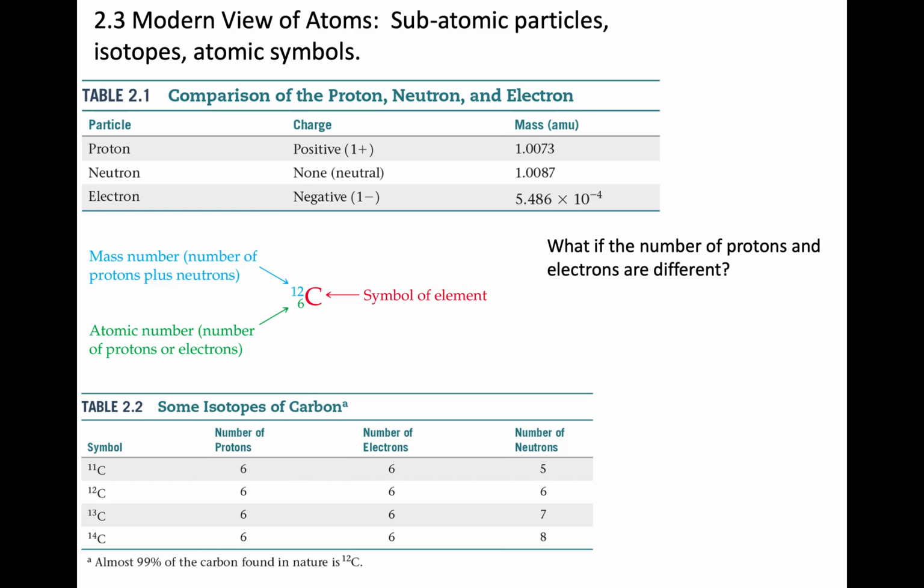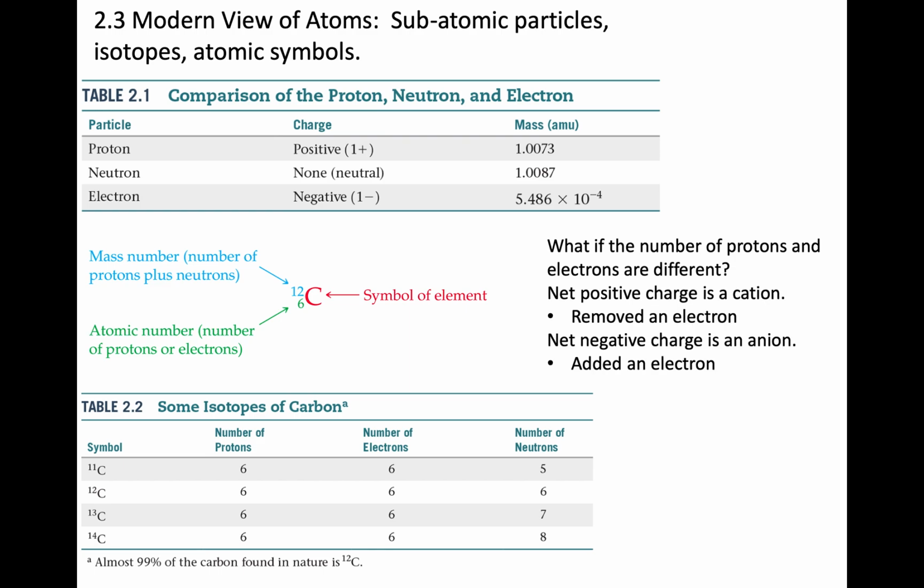What if the number of protons and electrons are different? Is that allowed? Absolutely. If it has a net positive charge, it's called a cation, and a net negative charge, an anion. You would get a net positive charge if you removed an electron, a net negative if you're adding electrons. Those would show up in this symbol as superscripts on the right-hand side.